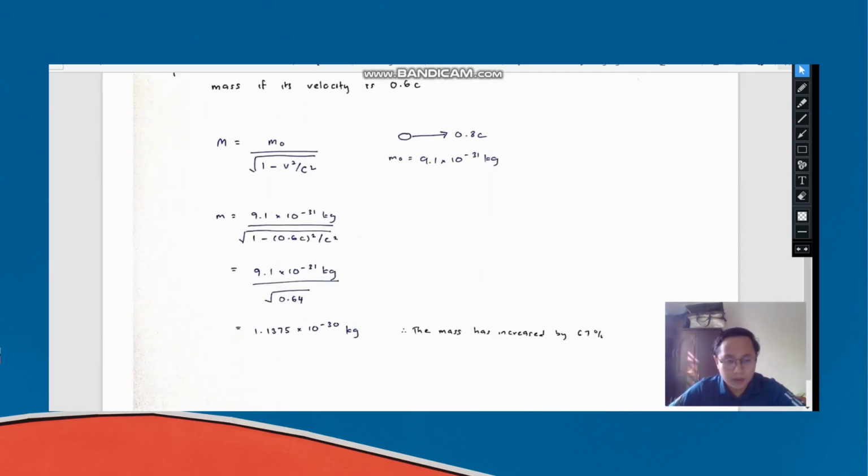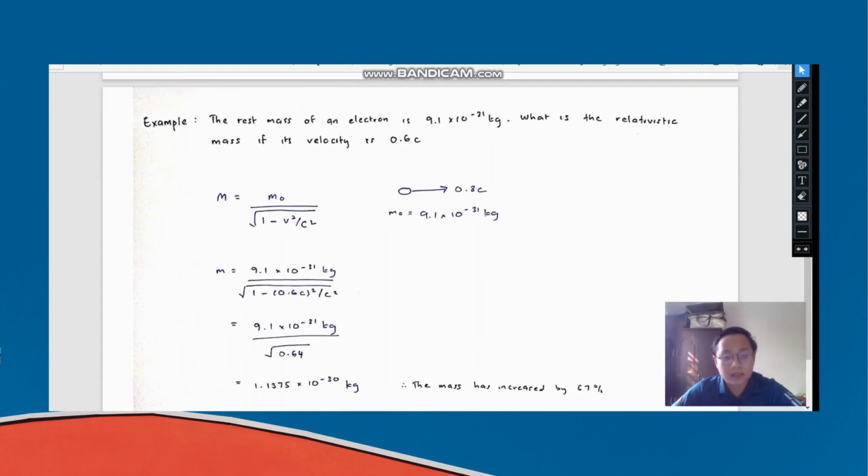If momentum is to be conserved, the relativistic mass must be constant, with the following equation: m equals m0 divided by the square root of 1 minus v squared over c squared.